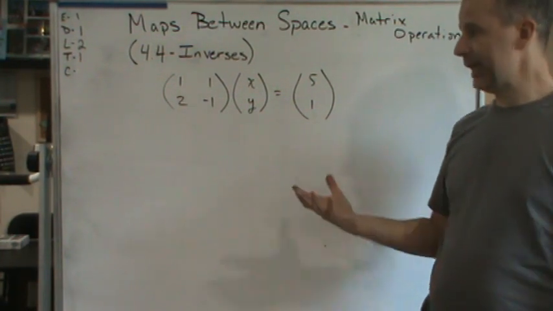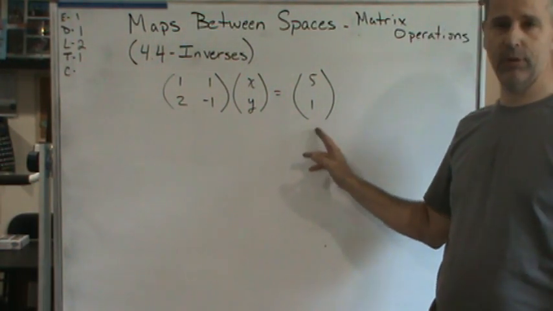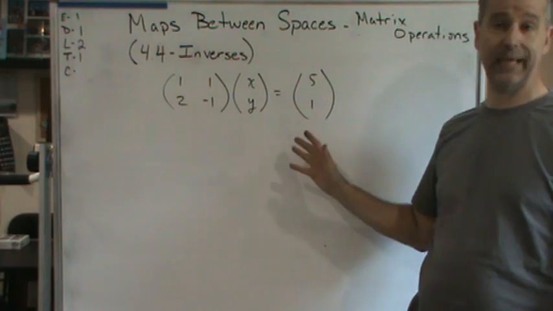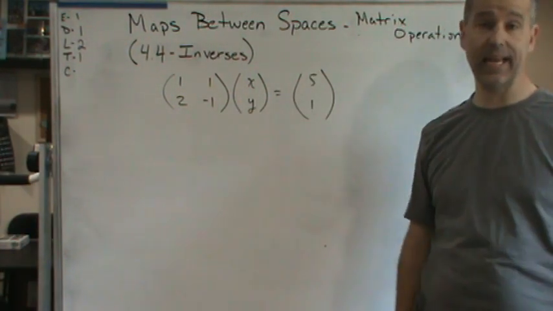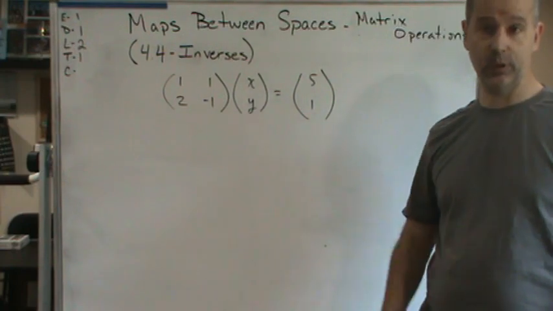For example, if we keep the coefficient matrix the same, but change the constants, then we have a related system, and we can use the same inverse matrix to solve it very quickly.